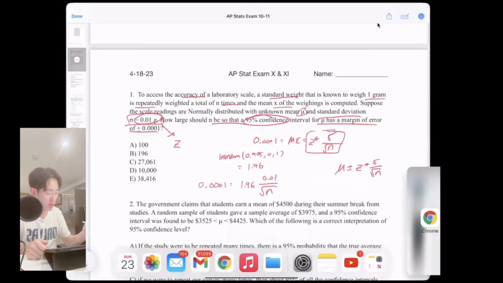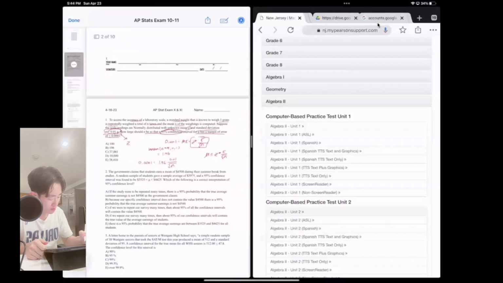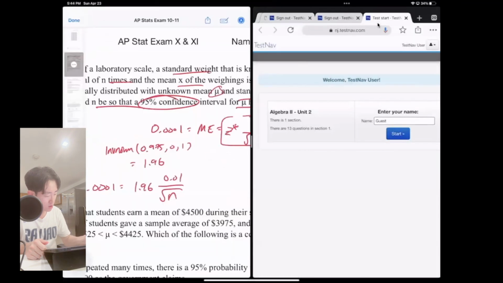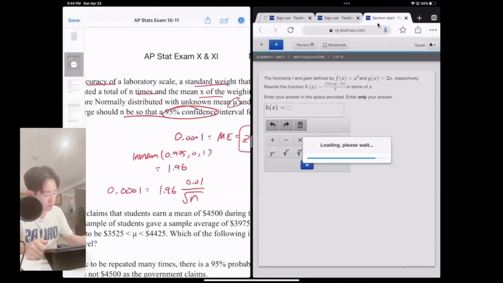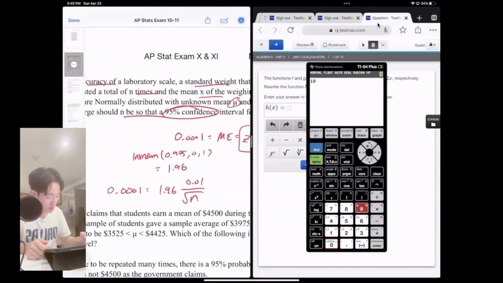So I'm going to use the calculator on this side real quick. So 0.0001 divided by 1.96, and then 0.01 divided by the answer.